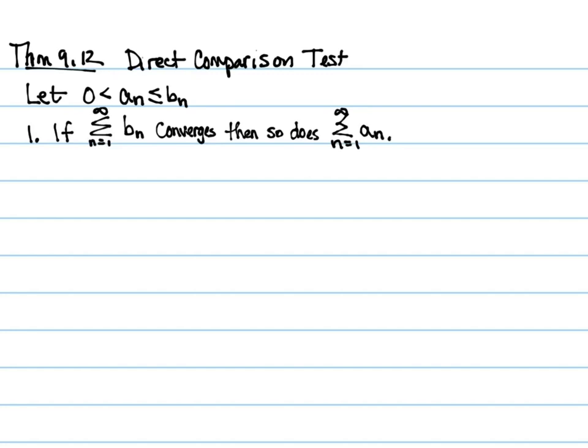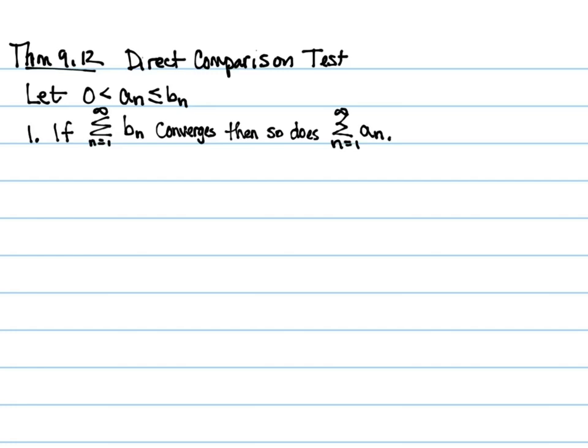And what you're seeing happen there is something akin to the squeeze theorem that we did, right? We're sandwiched between 0 and something we know converges, so we have to converge. Maybe not to the same value, but to something between 0 and the value of the summation of b sub n.